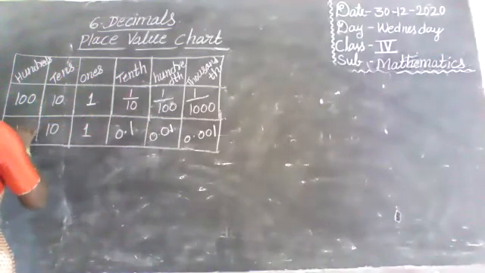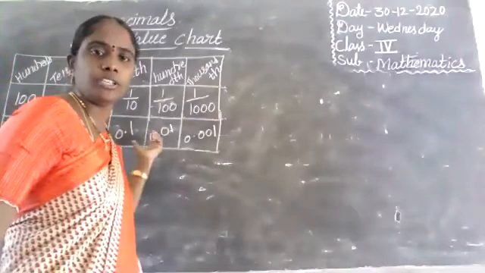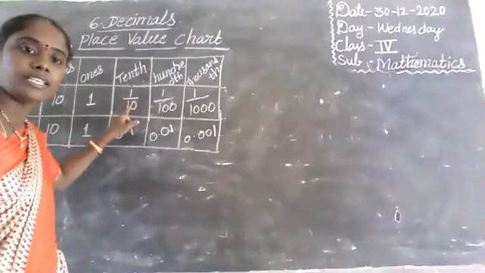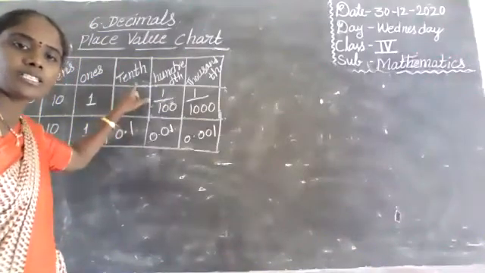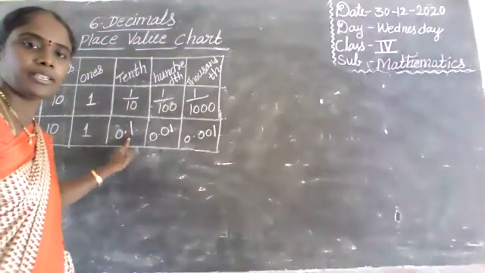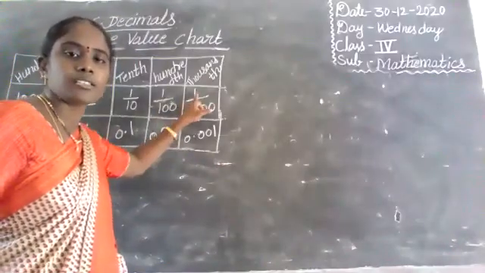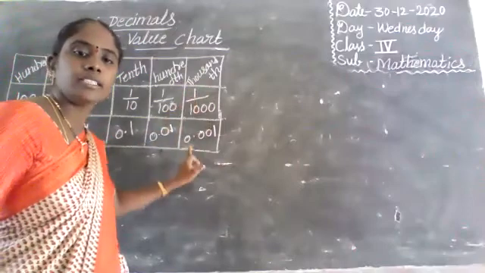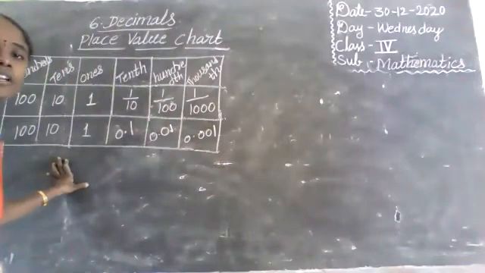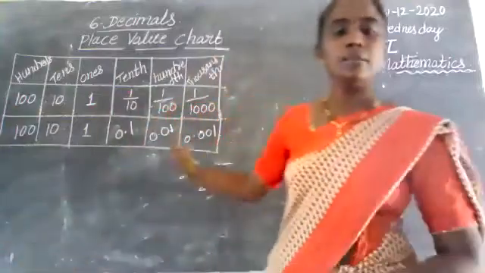Ones, tens, hundreds remain as they are; no need to change them. But tenth, 1 by 10, is 0.1, the fraction form and decimal form. Hundredth, 1 by 100, is 0.01. Next, 1 by 1000 is 0.001. This is the place value chart of decimal numbers.